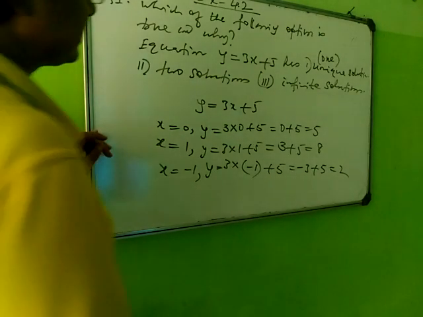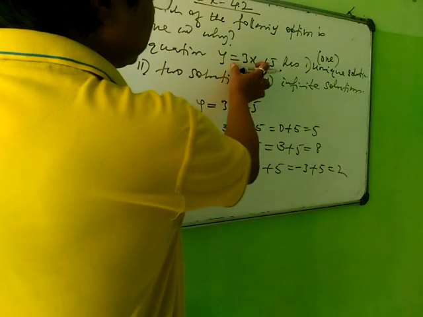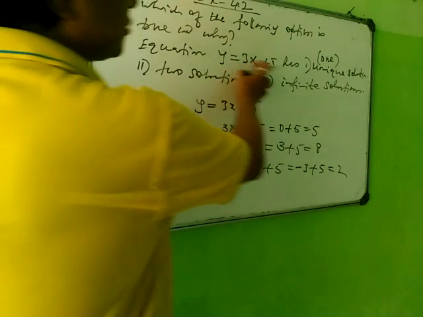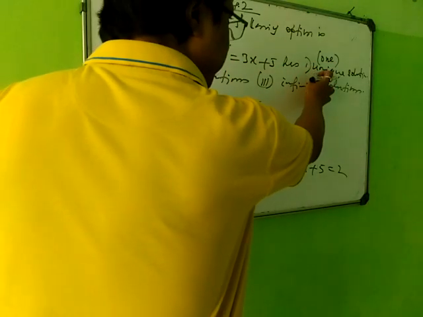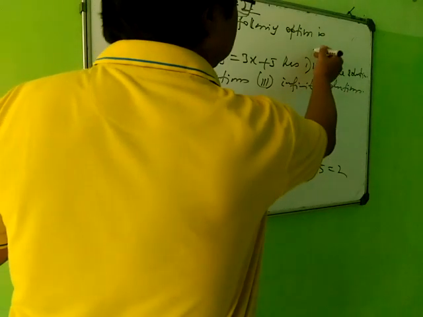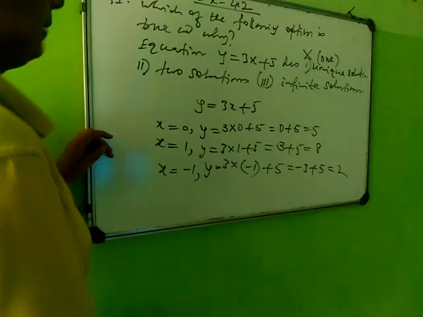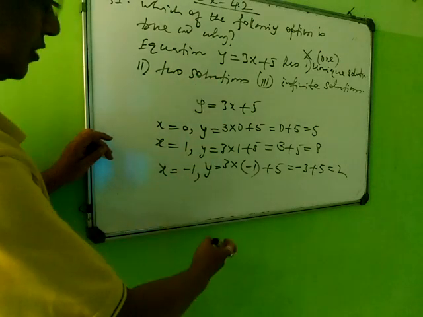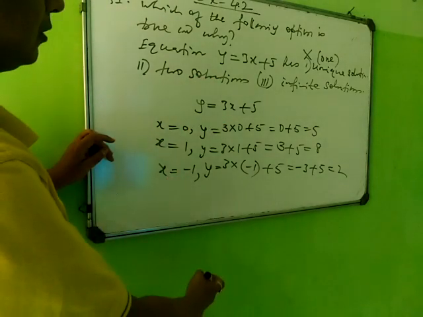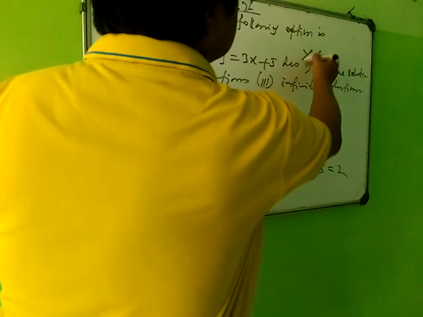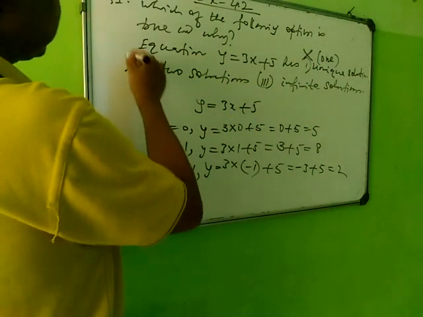Now they have asked whether this particular equation has got a single solution, that is called the unique solution. So this will be crossed because you have got so many solutions. Still you will get many more. That is why this will be cancelled. So then this also is cancelled.